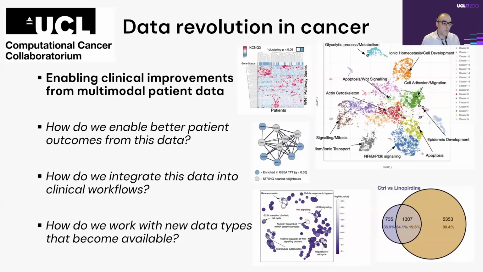And really, one of the key motivations here is how can we take the multimodal, high-dimensional patient data that is available now, and is becoming available and will be more available over the next 5-10 years, to enable clinical improvements. Within this, there are a number of different questions we need to address. How can we enable better patient outcomes from this data? How can we integrate this data into clinical workflows so it becomes a standard practice to collect data and analyze it?